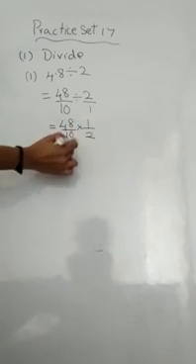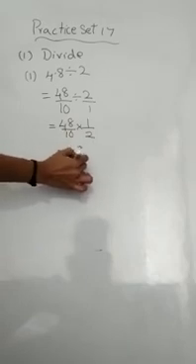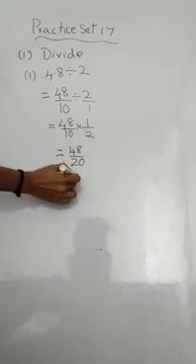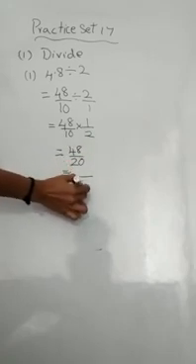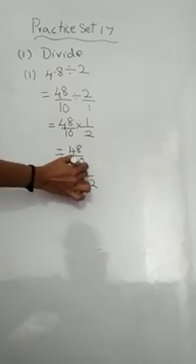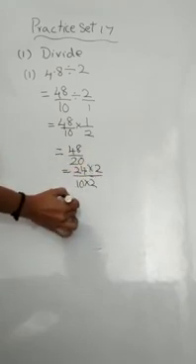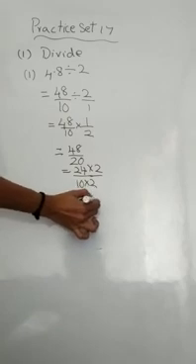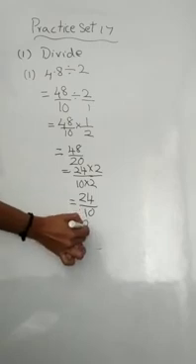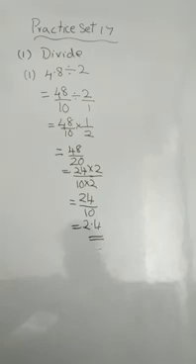Now this will be equal to 48 by 20, and 20 you can change into 10 into 2, right? And half of 48 is 24, so 24 into 2. Now 2 you will cut, you will get 24 by 10, which will be equal to 2.4.